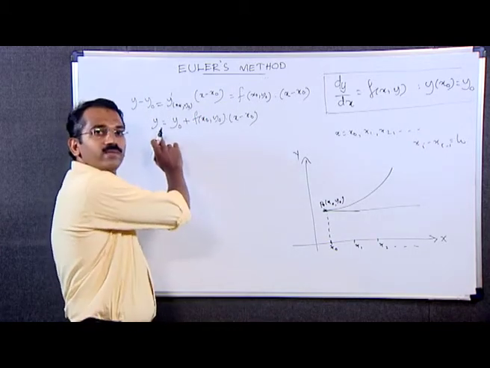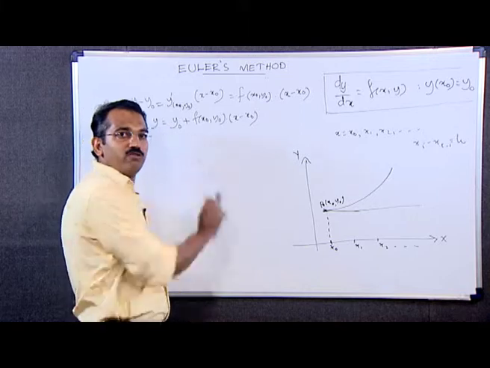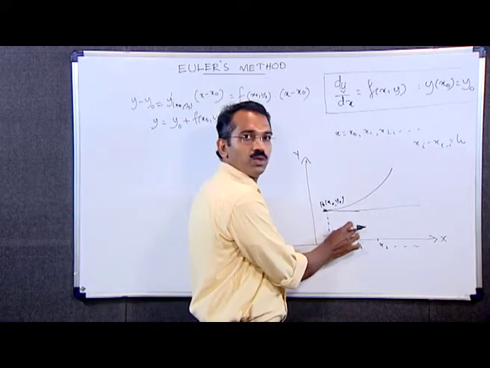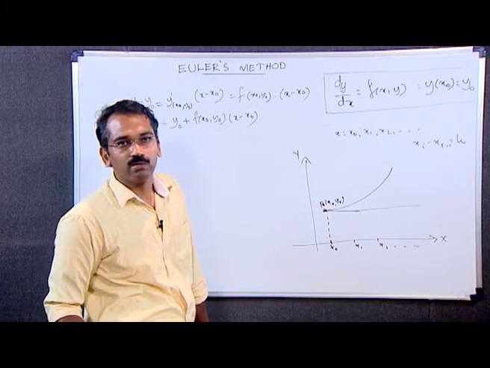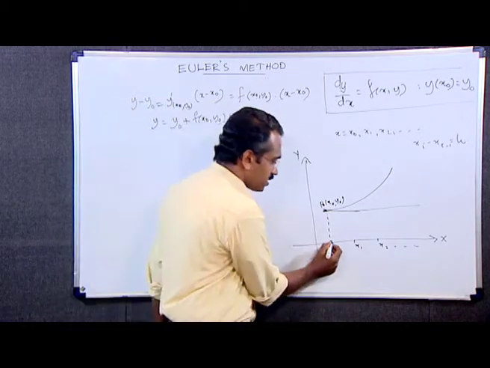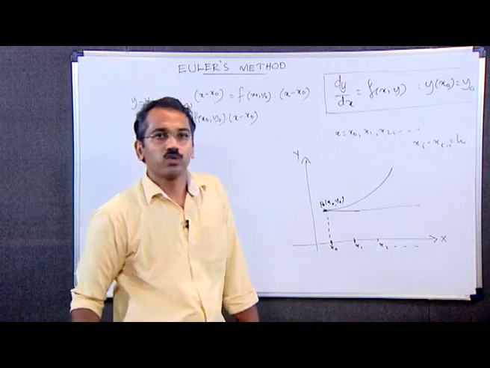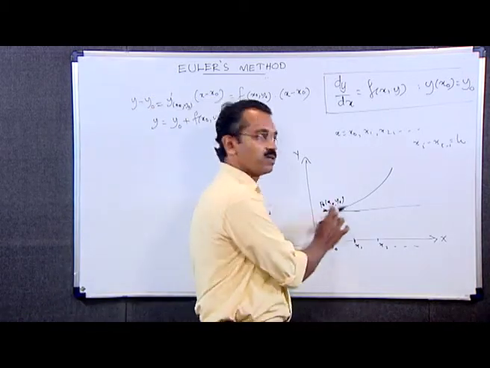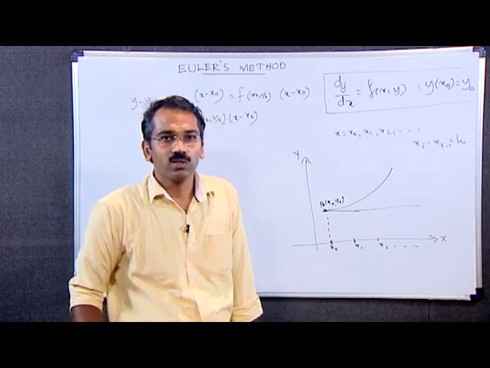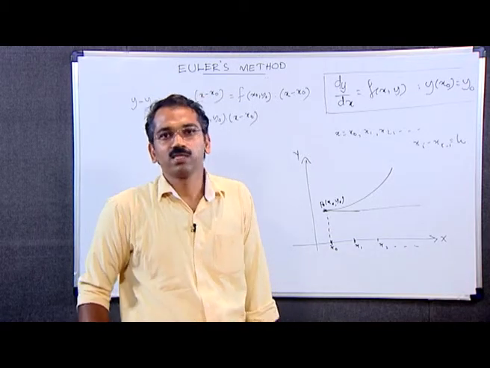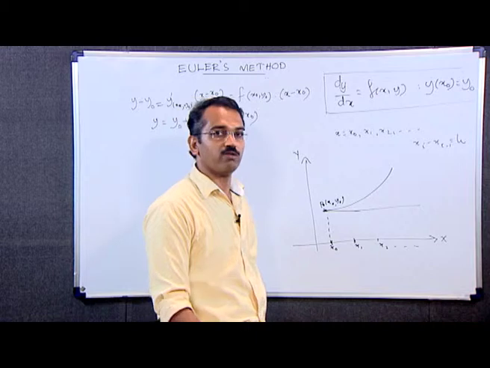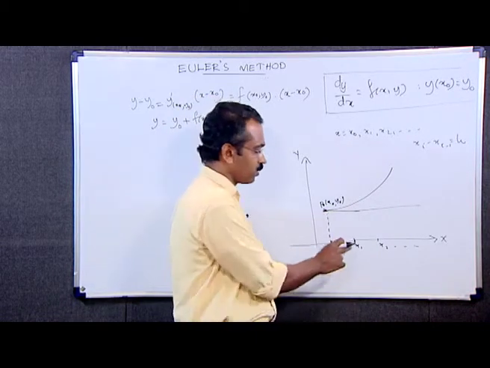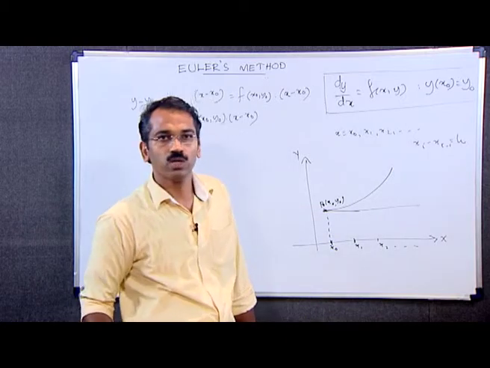This y is the value of y on the tangent corresponding to x is equal to x 1. In the interval x naught to x 1, the curve is approximated by this tangent. Therefore, the value of y on the curve is approximately equal to the value of y on the tangent at x naught, y naught corresponding to x is equal to x 1.